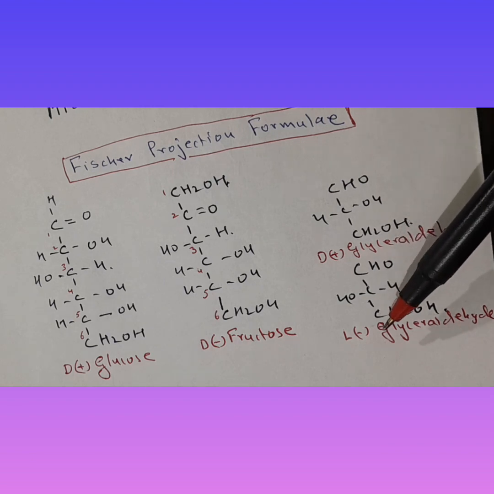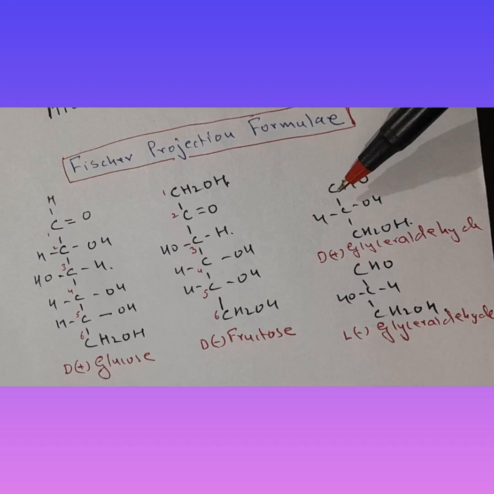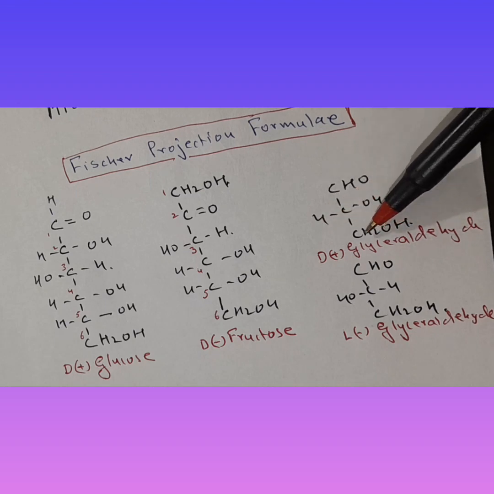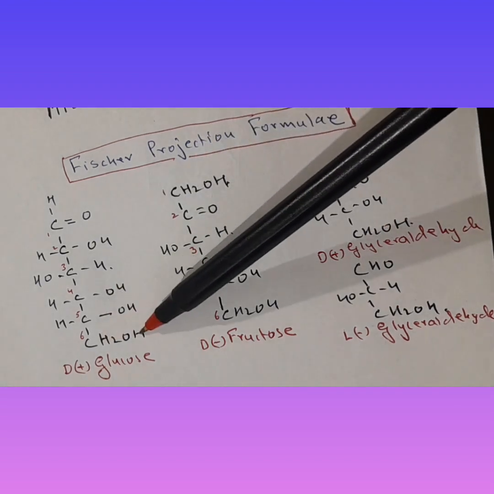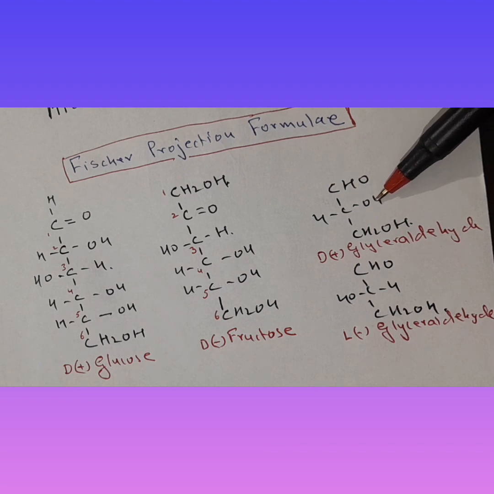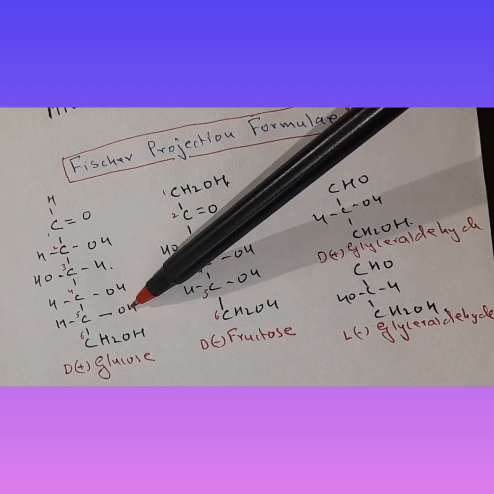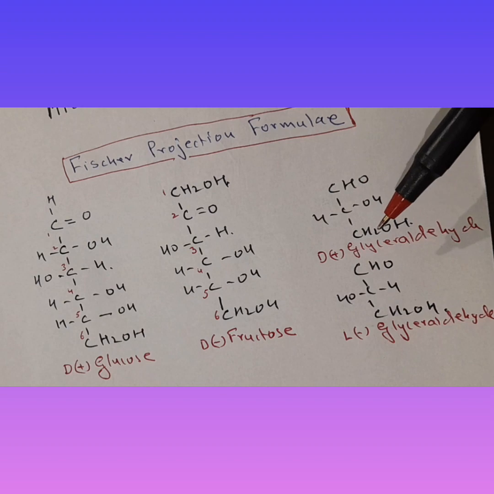In D-glyceraldehyde, we find it has CHO, CHOH and CH2OH, and the penultimate OH is towards the right hand side. Since it is towards the right hand side, we call it D-glyceraldehyde. Similarly here we find this OH is on the right hand side, so we call it D-glucose. So it's all based on glyceraldehyde.